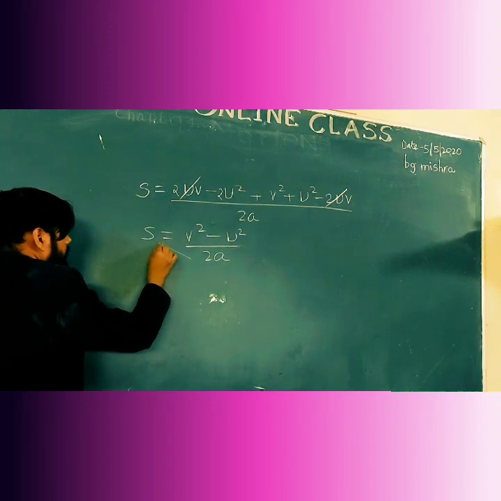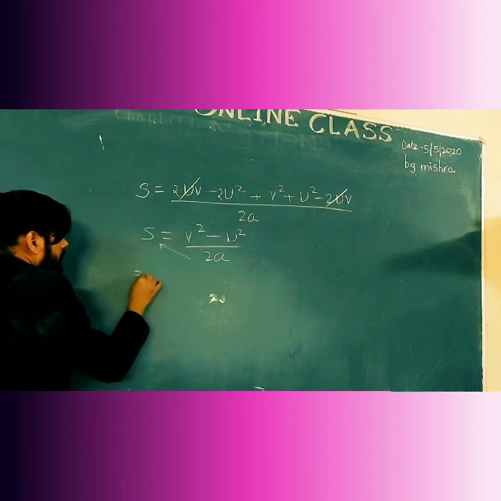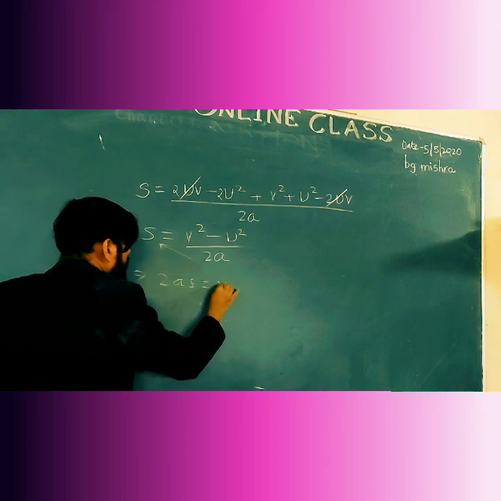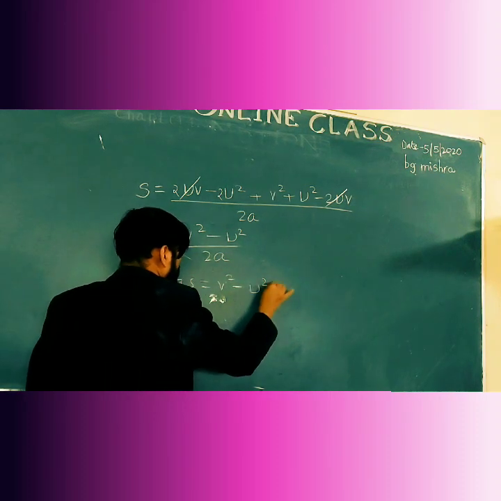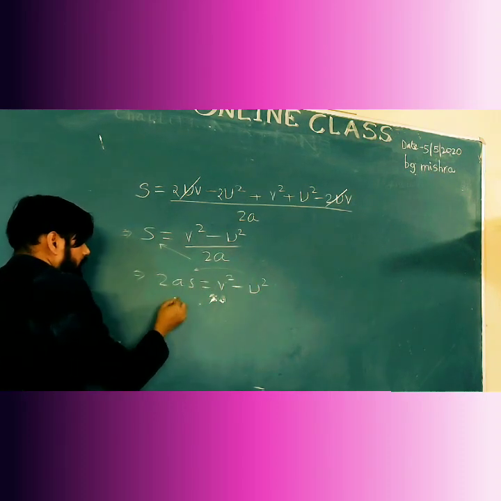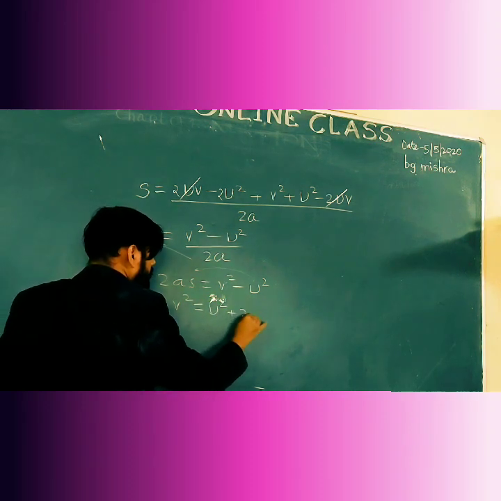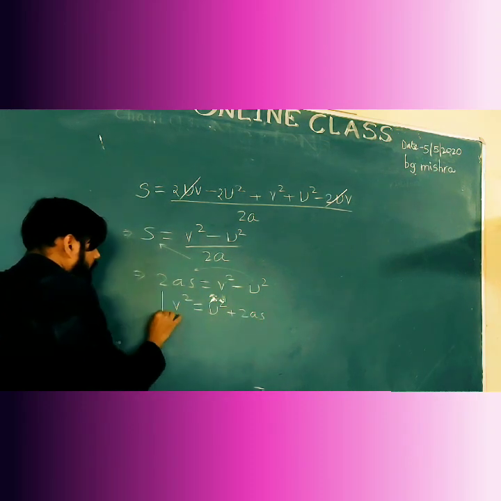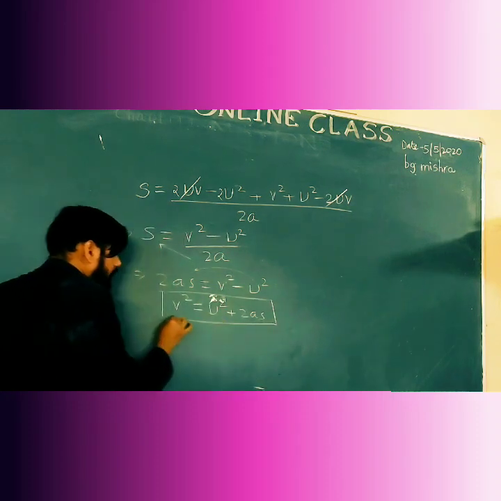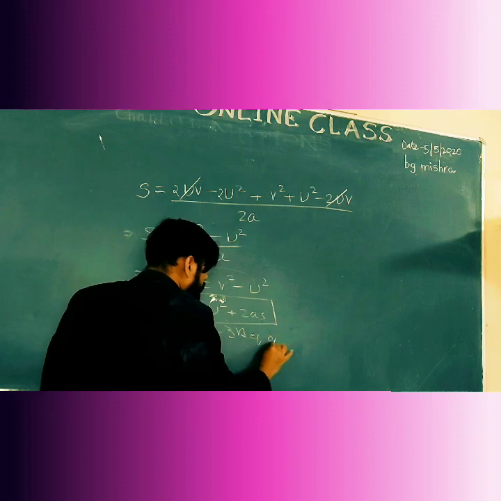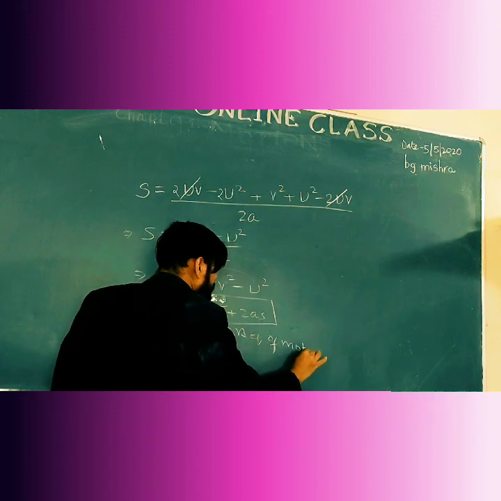Now cross multiplication, so we will get 2AS equals V square minus U square. Take it here, so we will get V square equals U square plus 2AS. So this is the third equation of motion.